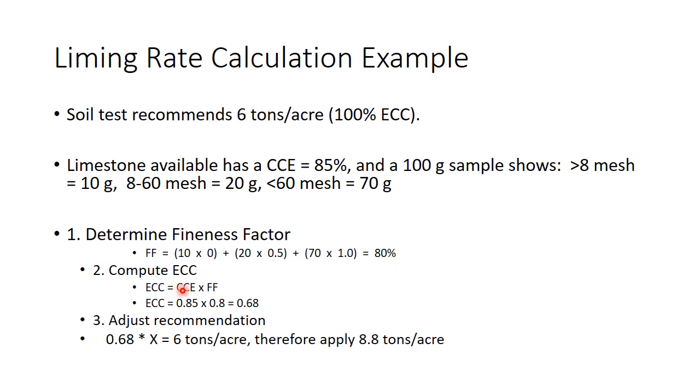And then our ECC, we took 85% from our CCE times 0.8, or 80% from our fineness factor, and we get 0.68. 0.68 times X equals our recommended rate, 6 tons per acre. Solving for X, we get 8.8 tons per acre is what would be required given our soil test recommendation and the values for our lime from our supply.